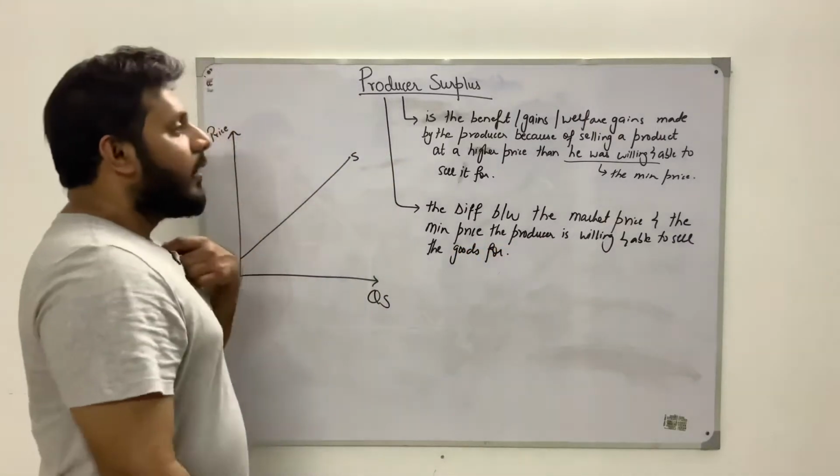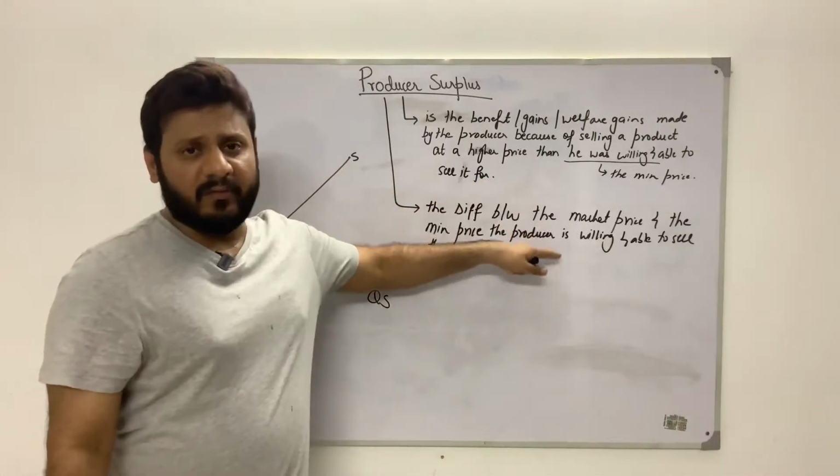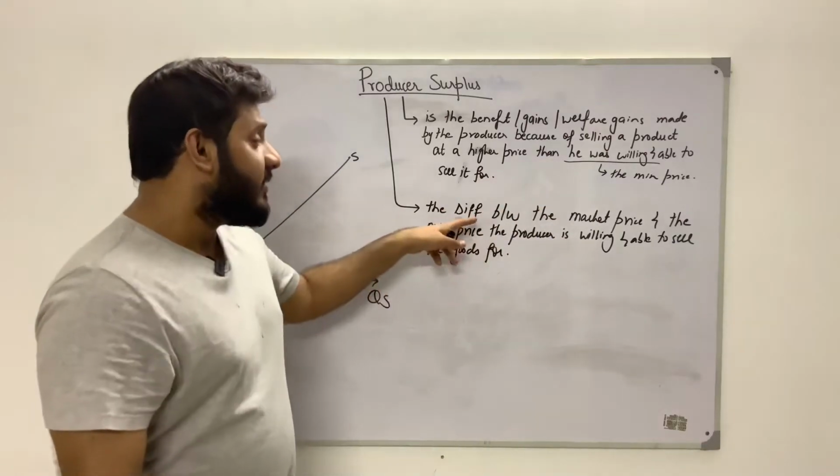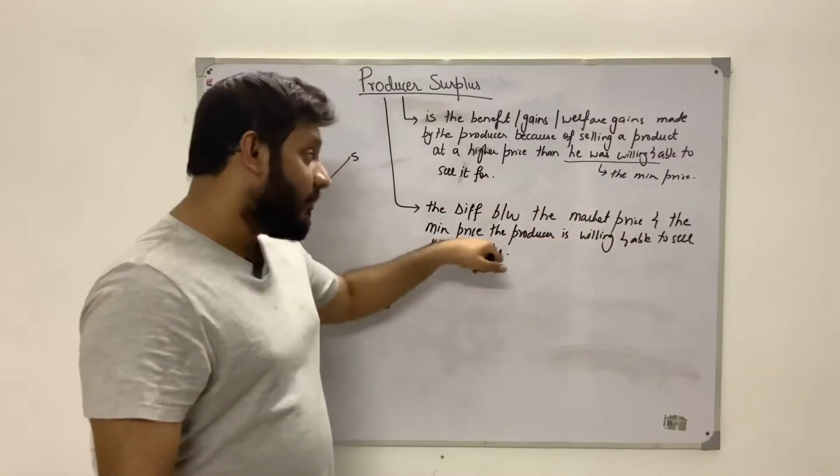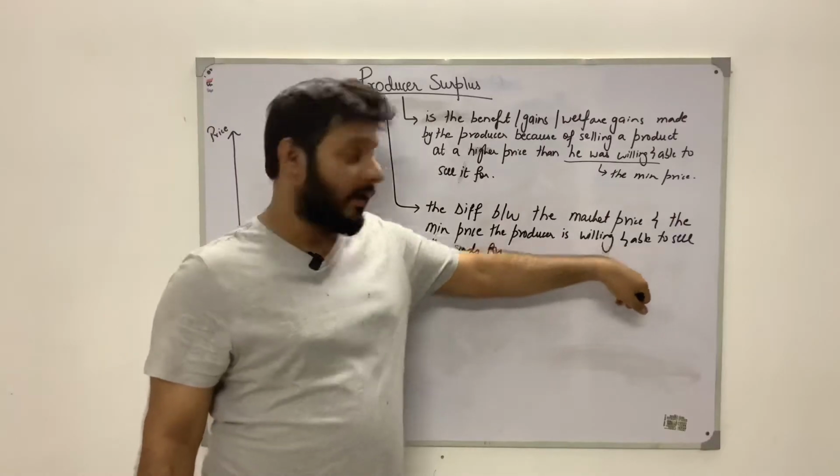So I have derived another definition which is quite similar, that it is the difference between the market price and the minimum price the producer is willing and able to sell the good for.